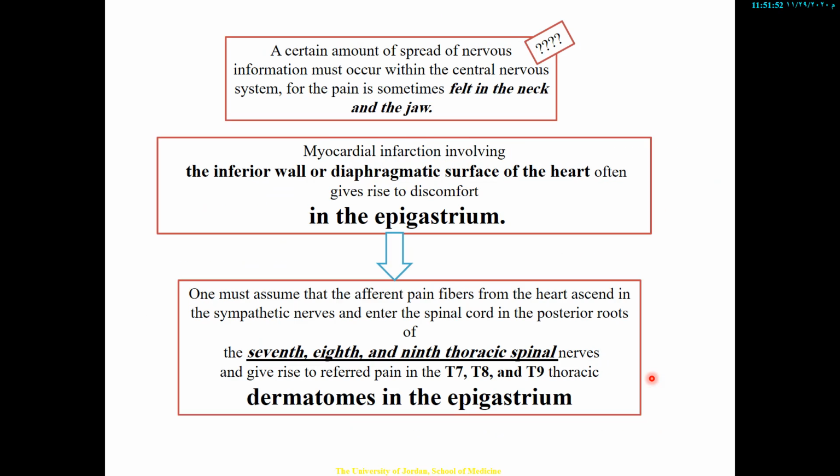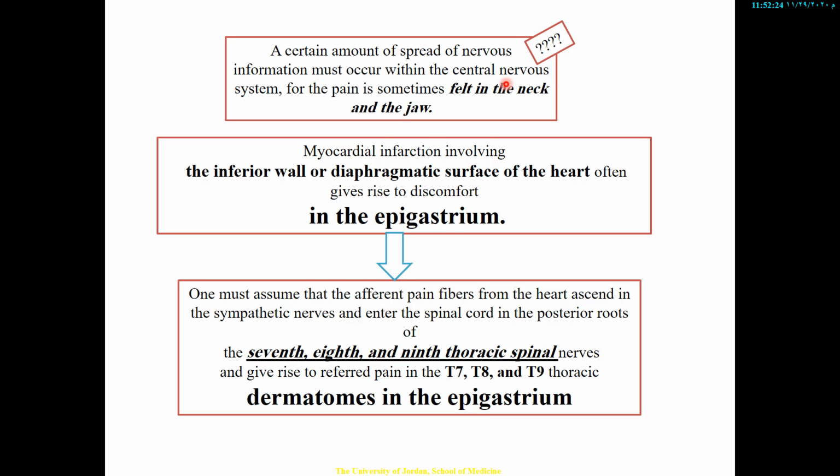However, what is the relation between the neck and the jaw? There is no anatomical connection between the nerves that supply the neck and the jaw and those that supply the heart, and therefore our explanation is that a certain amount of spread of nervous innervation must occur within the central nervous system.